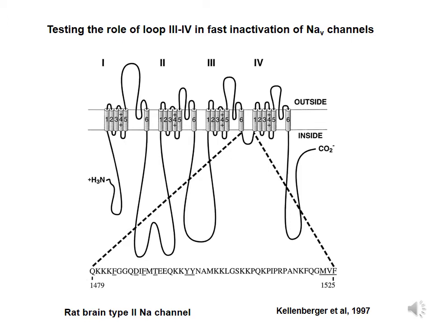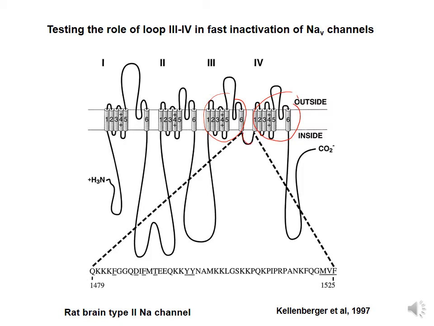channels. And what we learned from this experiment is that it's not the amino terminal that's responsible for this inactivation of the sodium channels, but instead it is a loop between domain 3 and domain 4, okay?